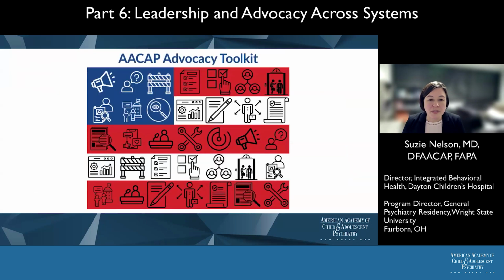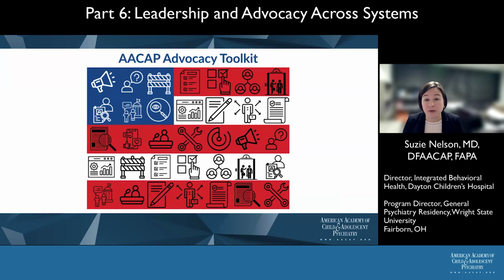Finally, one of the things I want to leave you with is an encouragement to visit the ACAP Advocacy Toolkit. All members have access to this toolkit on the website. While a full review of every aspect of the toolkit is beyond the scope of this presentation, I will just show you this really nice visual representation of the advocacy toolkit.